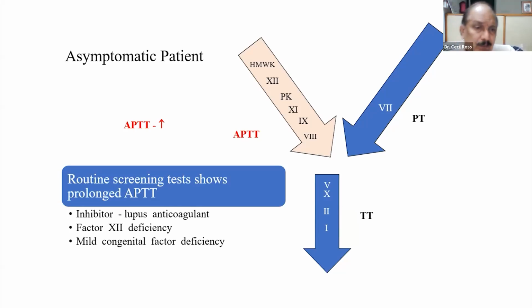Then you think that the person has lupus anticoagulant or factor 12 deficiency or a mild contact factor deficiency. These usually don't bleed; they are clotters. The APTT will be prolonged in them. This person is asymptomatic.